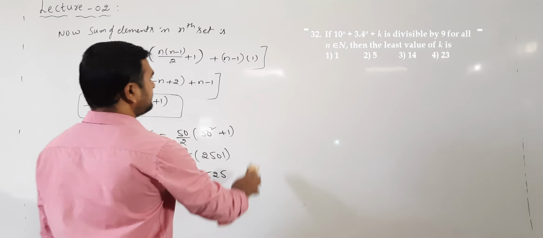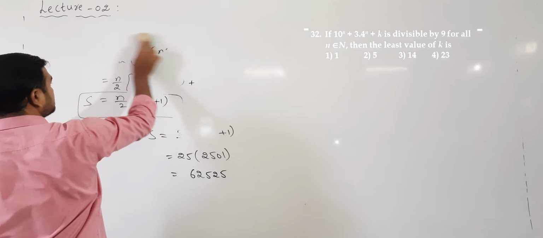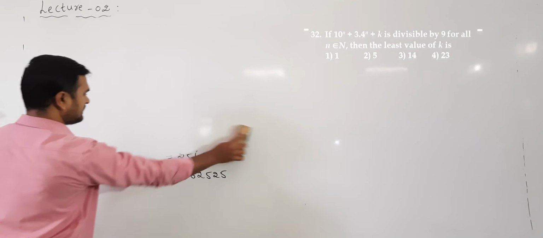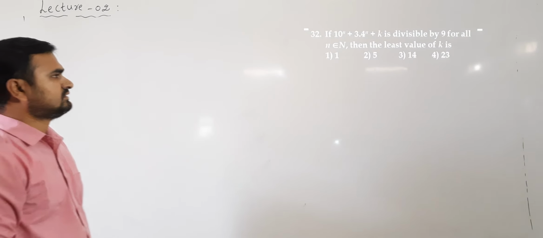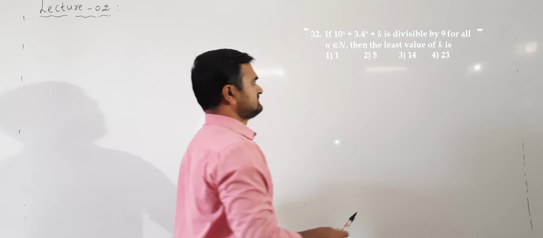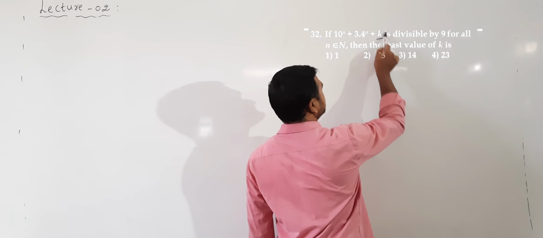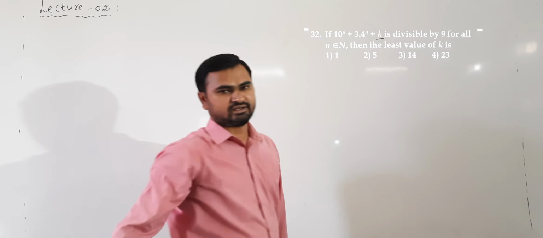If 10 power n plus 3 into 4 power n plus k is divisible by 9 for all n belongs to N, for all natural numbers it is divisible by 9, then the least value of k is. So we need the least value of k so that this expression is divisible by 9 for all natural numbers.